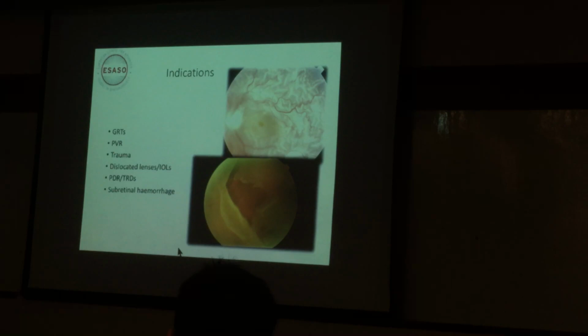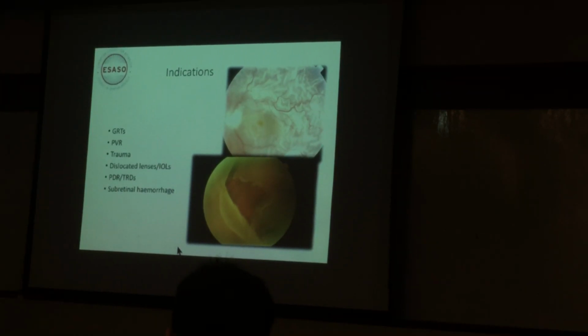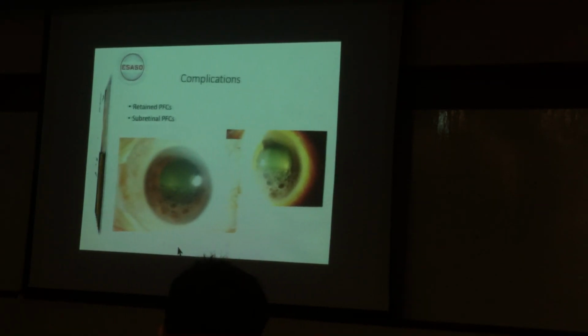Nowadays because it's so widely available, some people use it routinely in all vitrectomy cases of retinal detachments, but generally it is reserved for more complicated cases like giant retinal tears. In PVR it is very helpful to stabilize the posterior retina. In diabetic vitrectomies as well, when there's traction, you can use it to identify planes.